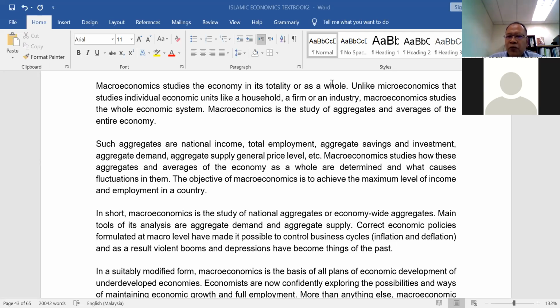So it's very important for the government to formulate suitable and correct economic policies to control inflation, to control unemployment, and to have a good distribution or fair distribution of income, so that crises such as depressions, crises such as financial crisis, will be able to control and to cure.